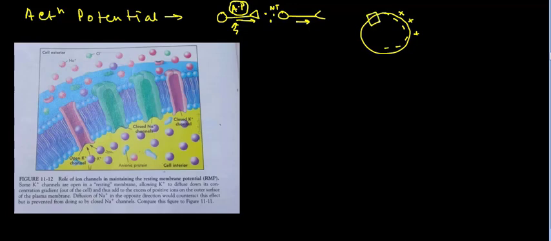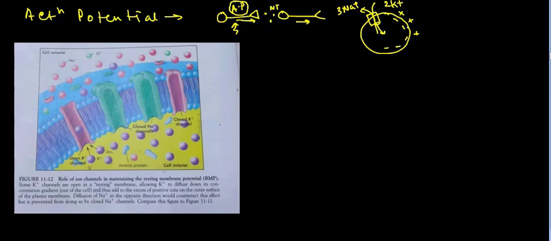This is achieved by the sodium potassium ATPase pump, which pumps 3 Na plus from the cytosol to the outside of the cell, and this causes the entry of 2 K plus into the cell from the extracellular matrix. So there is always a deficit of cations inside the plasma membrane, and the inside remains negative.